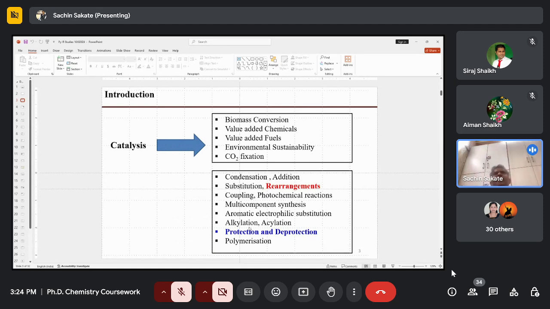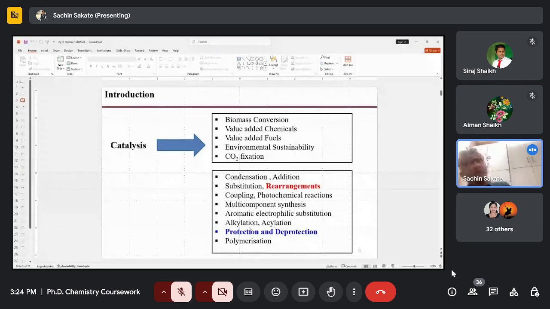Generally, why are we doing catalysis? Basically, everybody is doing catalysis now. Everybody is using the terminology green chemistry, sustainable chemistry, affordable chemistry, environmentally friendly. So everything is condensed into a small topic like biomass conversion.